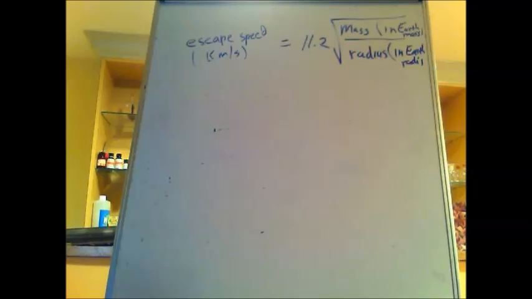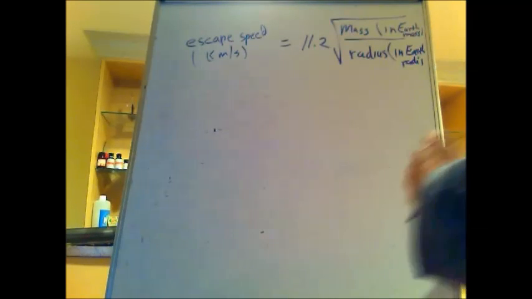There is another formula that we need, which will tell us the average molecular speed of any molecule, whether it's on the Earth or somewhere else. This is going to depend not only on gravitational considerations, but also on things like temperature.